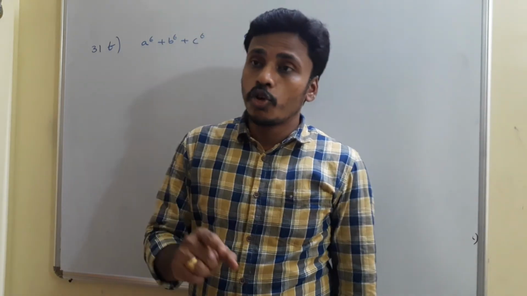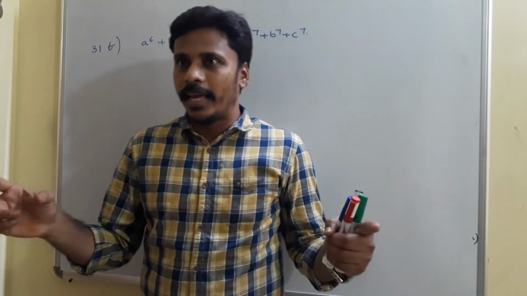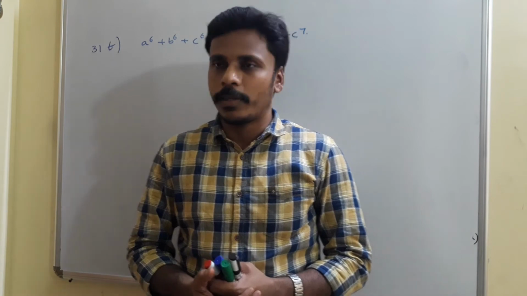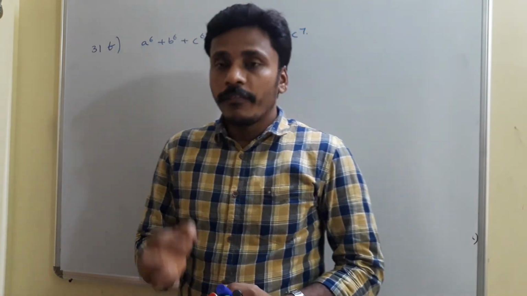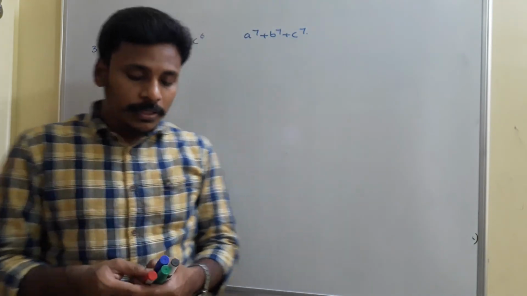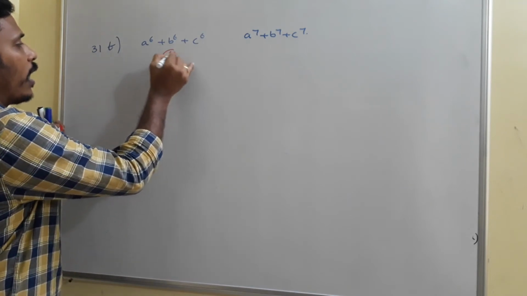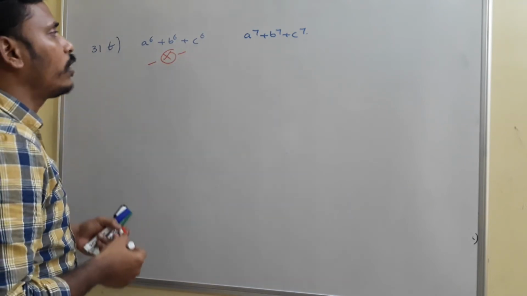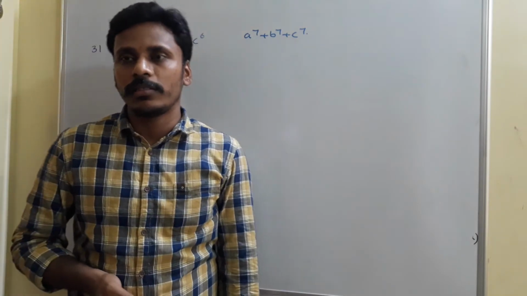And if you cube a square plus b square plus c square, you will get an expression for a power 6 plus b power 6 plus c power 6, and that is also not a simplified value. Since we are not getting a simplified value to memorize for a power 6 plus b power 6 plus c power 6, no need to discuss it, and no problems are involved with a power 6 plus b power 6 plus c power 6 if a plus b plus c is 0.